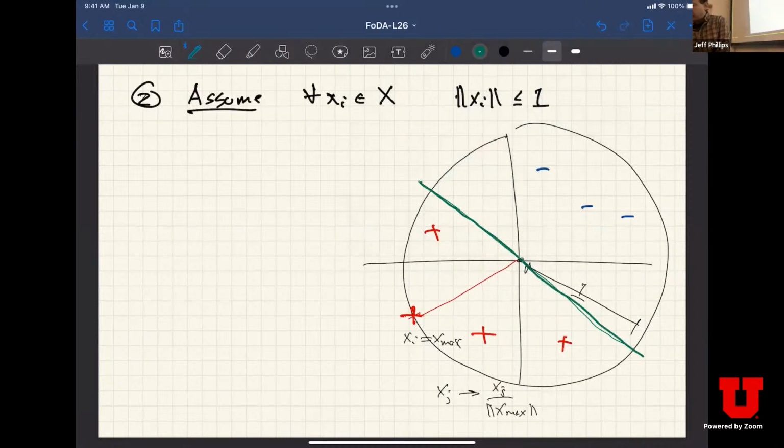And all I need to represent this classifier is some normal vector, which will also have a norm of 1, so it's going to be length 1 here. All I do is take the dot product with the normal vector. If the dot product is positive, I classify it positive. If it's negative, I classify it negative. So all this is doing is changing the length of that value, but not its sign.